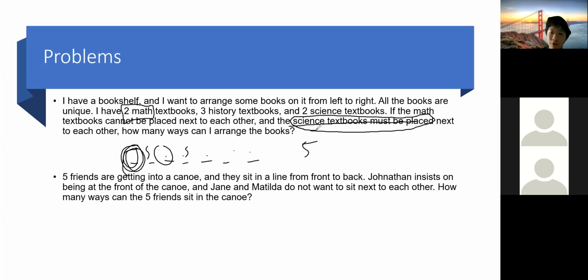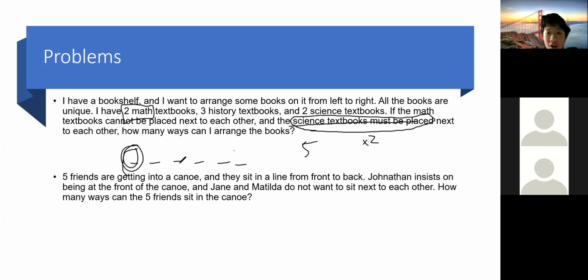And in the end, all we need to do is multiply by 2 because these science textbooks can be arranged in 2 ways inside their block, right? But right now, all I can do is consider them as one block, one book. So if we consider the science textbooks as one book, we've just got 6 books. 1, 2, 3, 4, 5, 6.